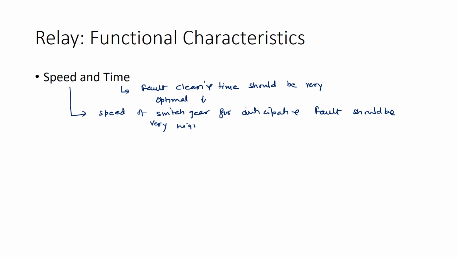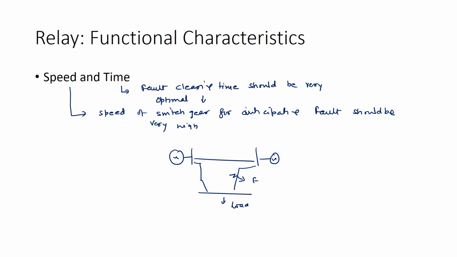high. If I take an example, there is a generator and another generator, and these bus bars are connected with the load, and there is also a load in the system, and there is a fault in this system.